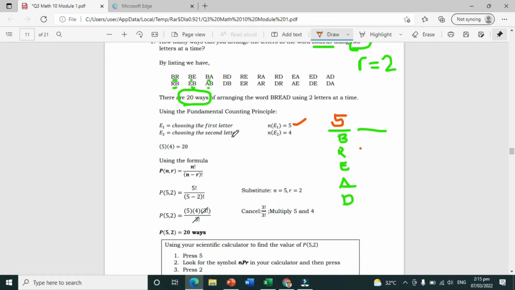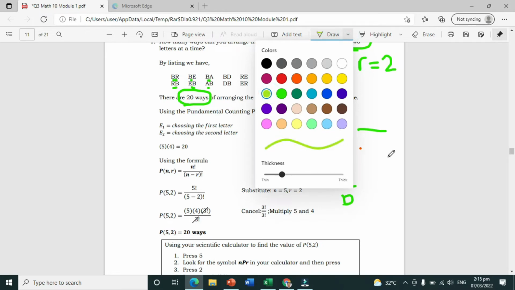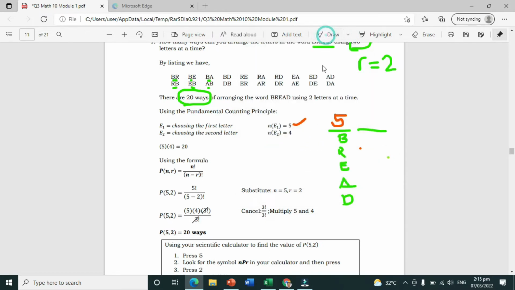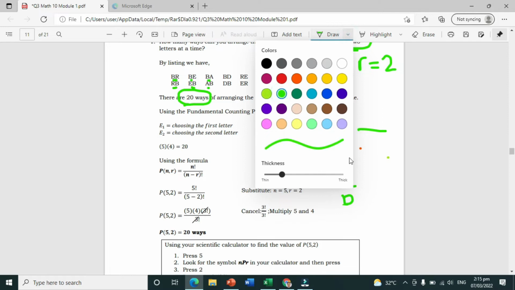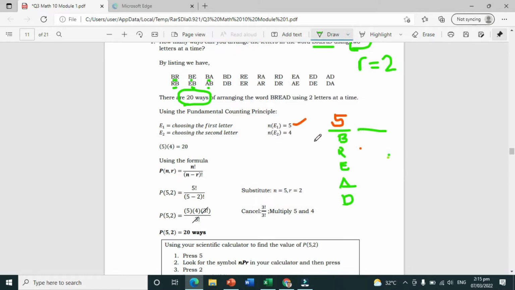Ayan. Sa next naman natin, na digit, second letter, for example, ang ginamit mo na letter is R. So, hindi mo na yan pwedeng ulitin. So, ano ba yung mga possible na lang sa second digit? So, meron tayong B, E, A, at saka D. Yan.